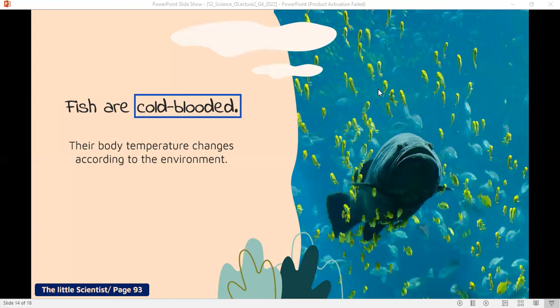So animals that are cold-blooded don't have a fixed body temperature. I will write it over here. They do not have a fixed body temperature like we do. We do have a fixed body temperature, but fish do not. They are cold-blooded.